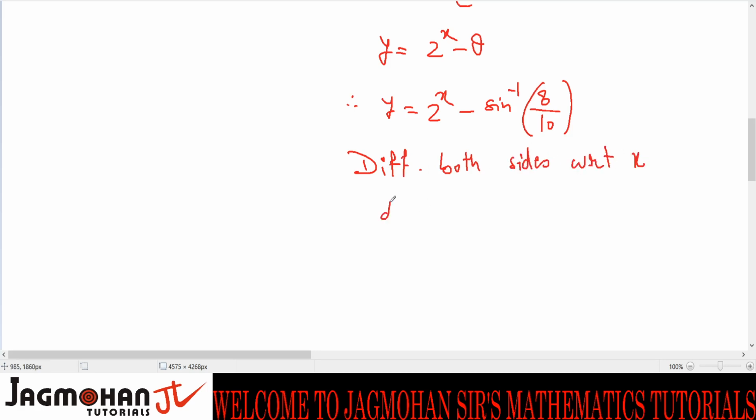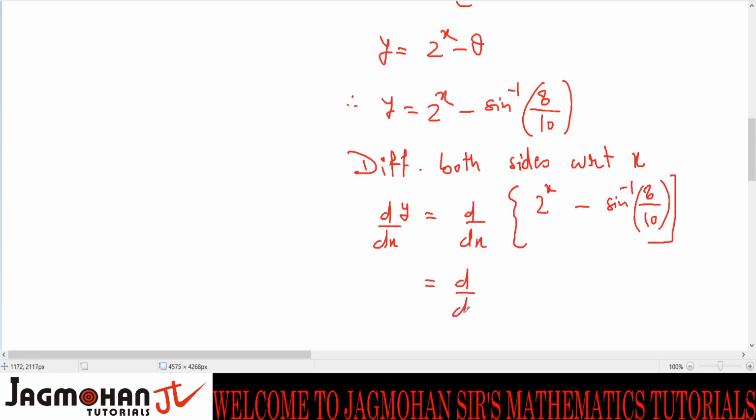So what you have is d by dx of y equals d by dx of 2 raised to x minus sine inverse of 8 upon 10. Okay, so the next step, it will be d by dx of 2 raised to x minus d by dx of this thing. And what is this thing, students? Do you see anywhere x in this?